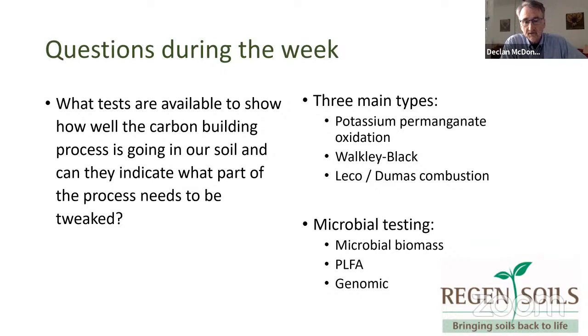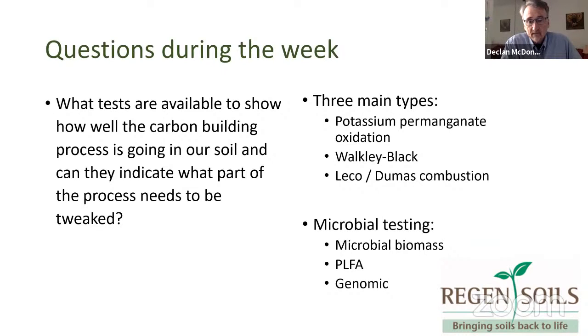If we want to understand what proportion of our organic matter is labile, we'll do a potassium permanganate test in conjunction with a Walkley-Black or LECO Dumas combustion test. The Walkley-Black and LECO or Dumas test tells us what our total organic carbon is.